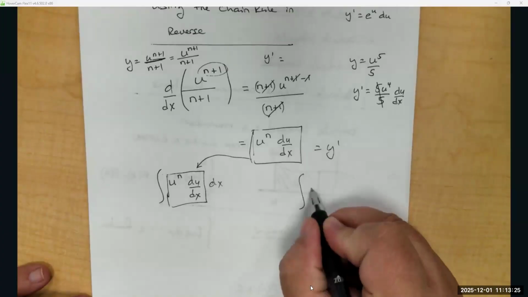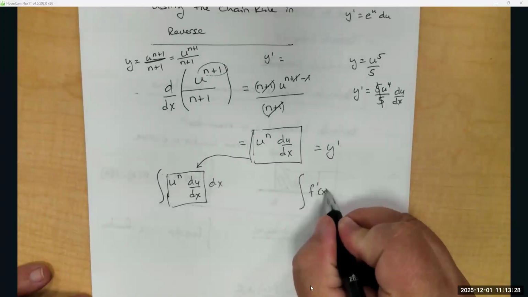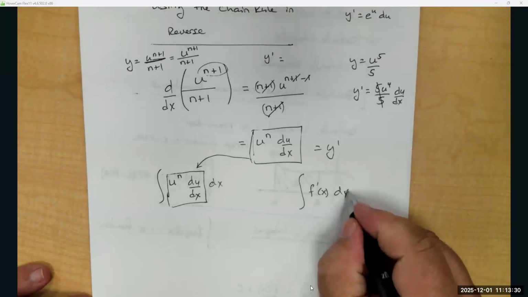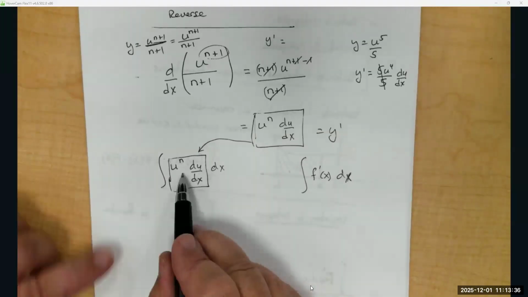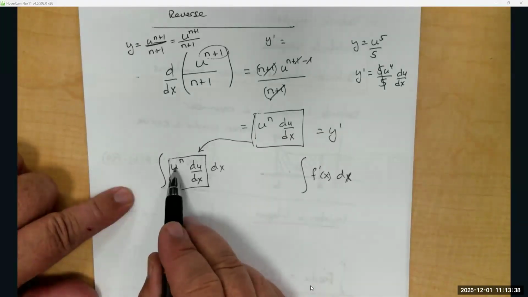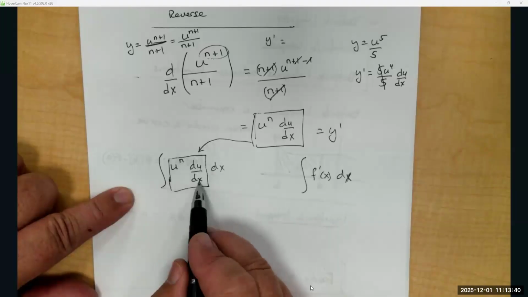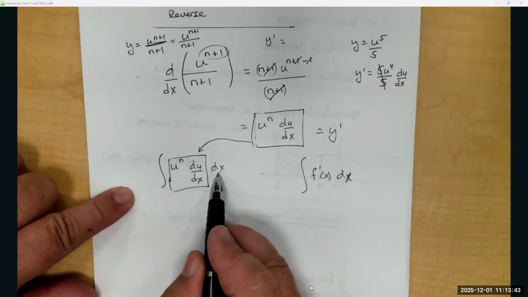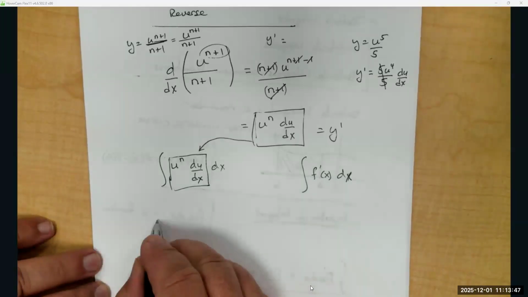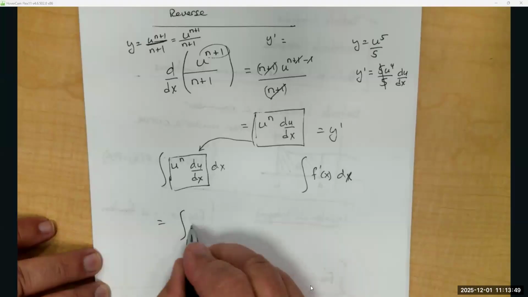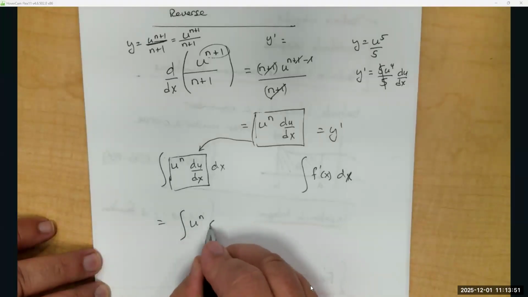What that's really telling us is this. So if you had an integral of u to the power n du dx, the dx is canceled. So what this would give us is the integral of u to the power n du.